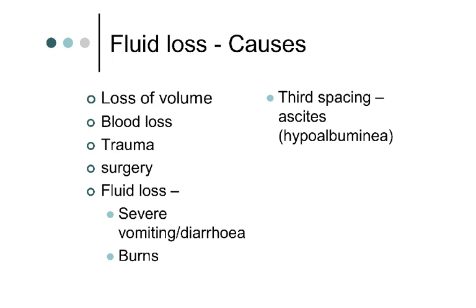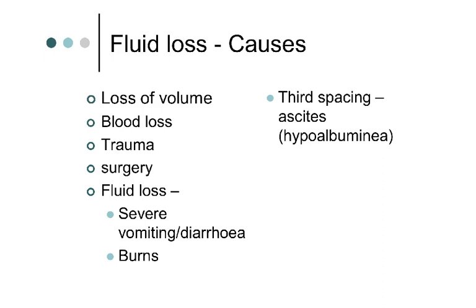So when we're talking about fluid loss, we're talking about a loss of volume in the intravascular space. And this can be either due to blood loss, so if someone is vomiting blood, for example, or they've lost some blood through trauma or surgery, or it can be related to fluid loss.